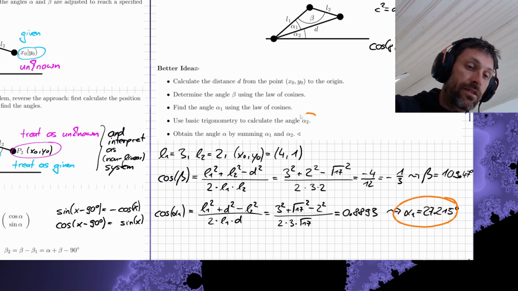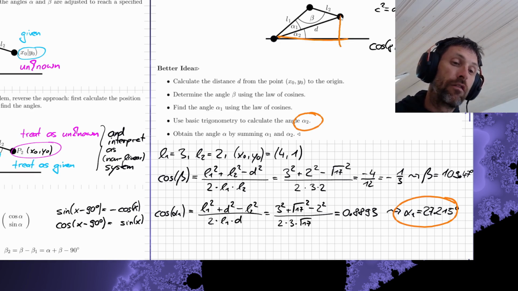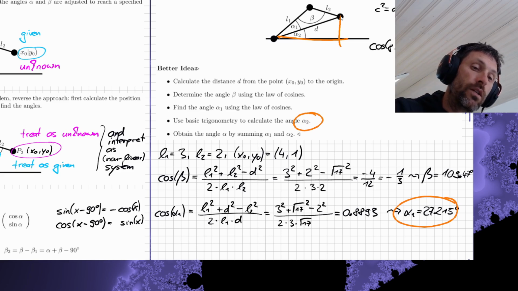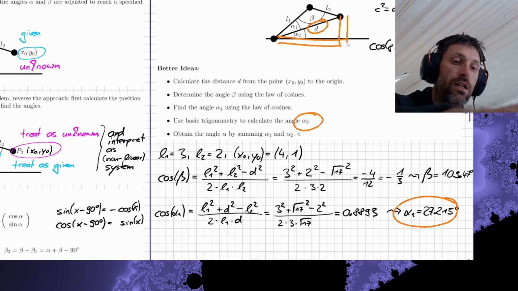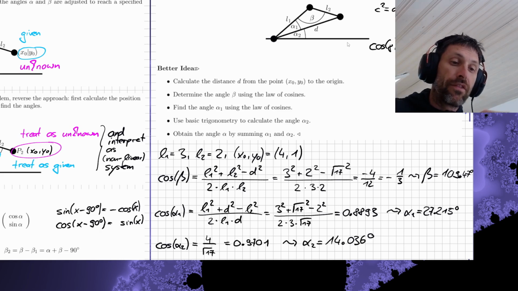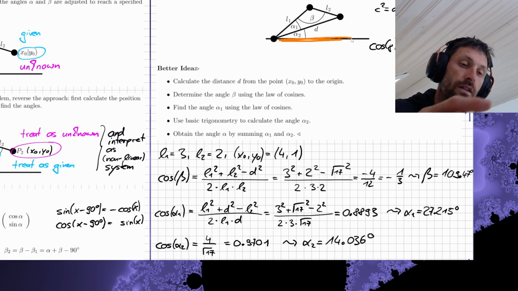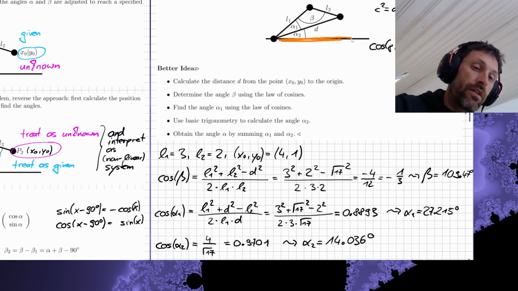So next step, it's more or less the easiest one. So let's calculate alpha 2. We know D, we know this one, we know that one, and so cosine of alpha 2 is the length of this side divided by the length of that side.